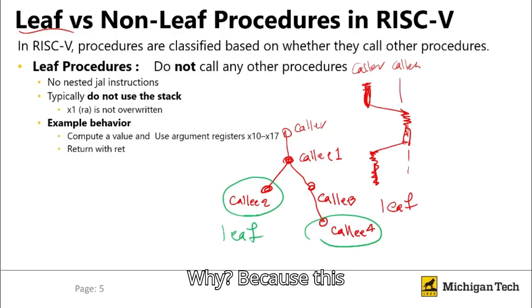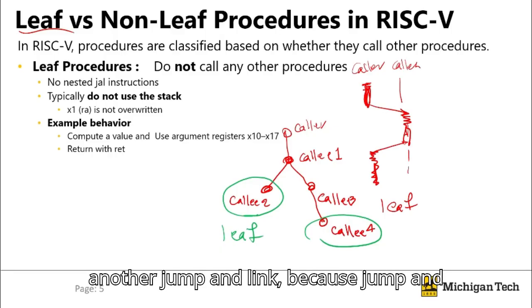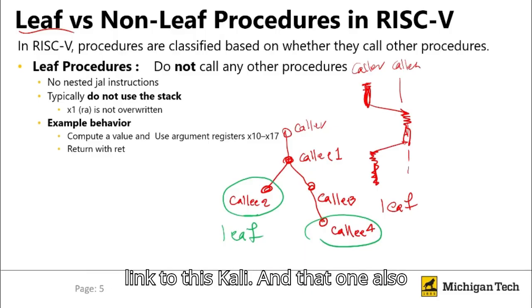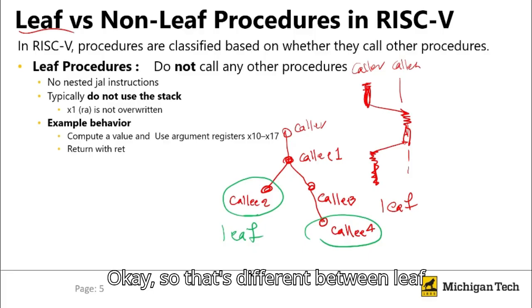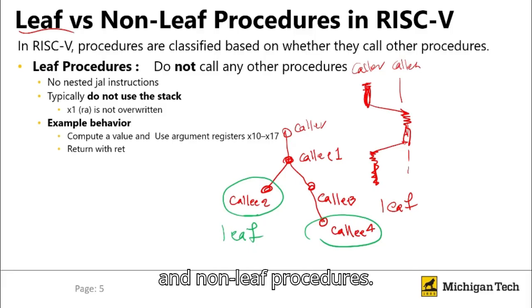Because this procedure, for example, has another jump and link to this callee, and that one is also the same. Callee 1 also called not just callee 2, callee 3 as well. So they make a tree structure for calling procedures. Okay, so that's the difference between leaf and non-leaf procedures.